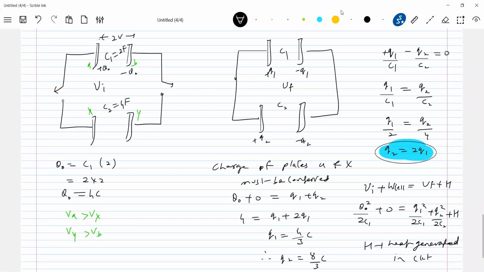The heat will be taken by the plates of the capacitor also, because plates are made up of conductors. So there also some heat will be generated. Okay, this is about what we did. This was not having any charge, no?